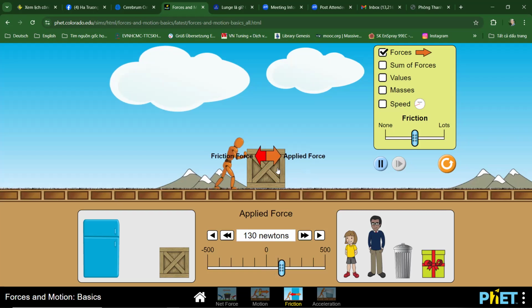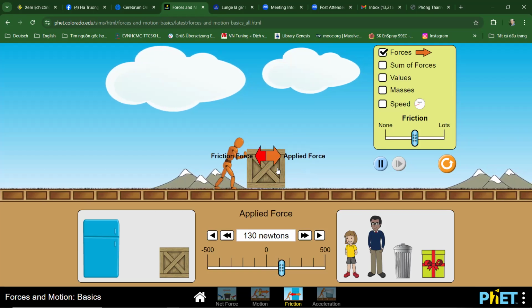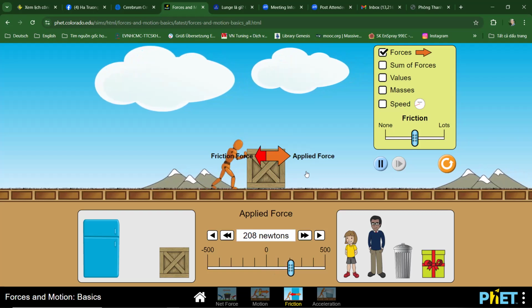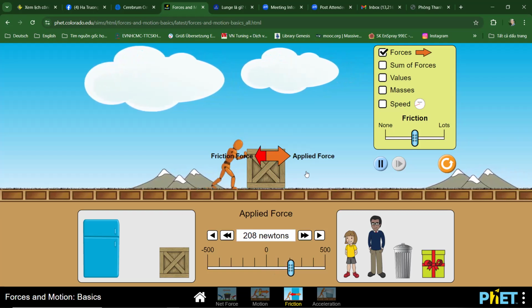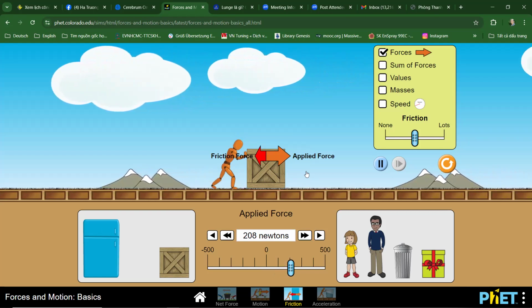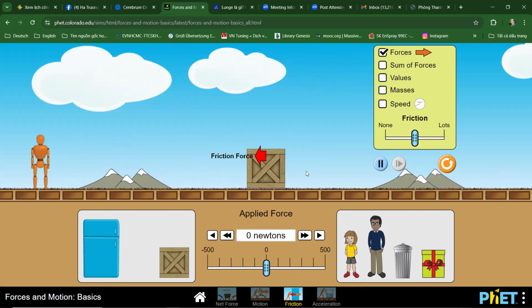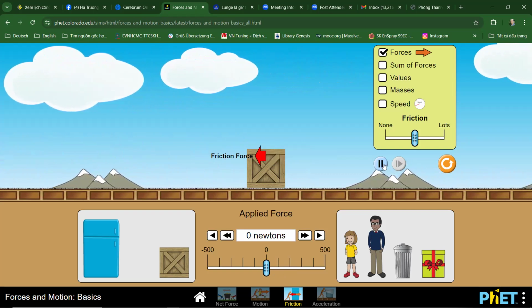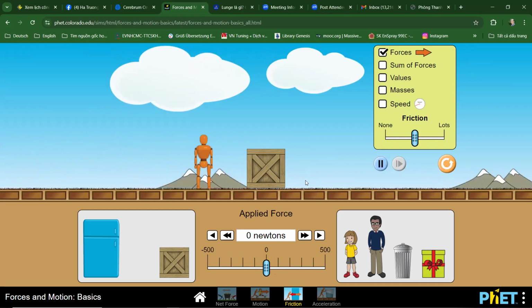I push that, then the crate starts to move. If I push harder, then it moves faster. And if I stop and don't apply any more force, then the crate moves away. Okay, let's start at the beginning.